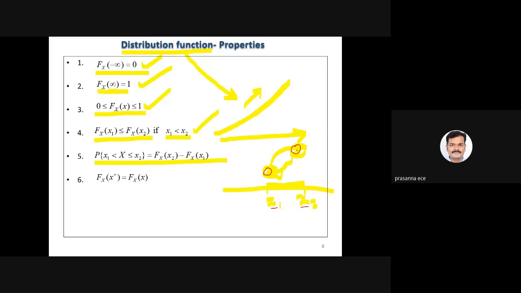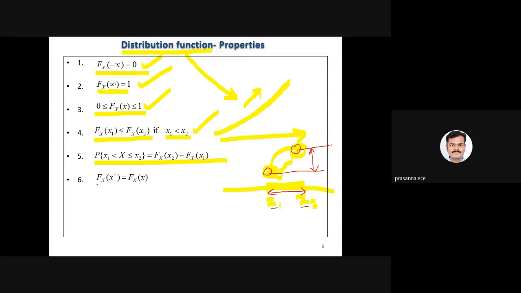That is this height. This height represents the probability of the random variable lying between these two limits. This is a special property of the distribution function.